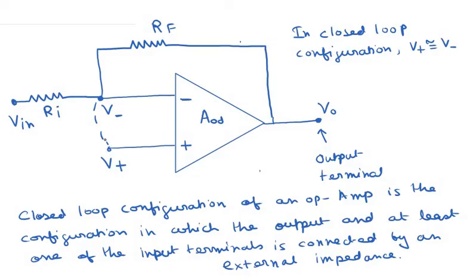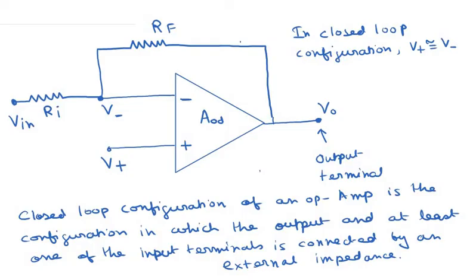We have not shorted the inverting and non-inverting terminals, but since V plus is approximately equal to V minus, it appears as if these terminals are shorted, and that is why this is known as virtual short. So virtual means in reality it is not shorted, but it appears as if it is shorted. So that is why this is known as virtual short.